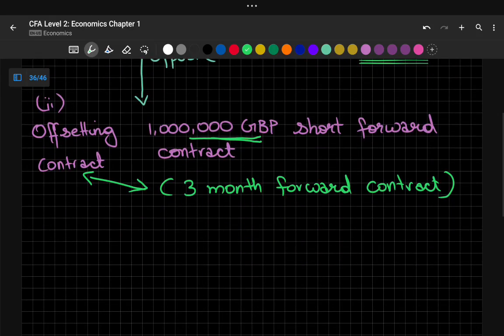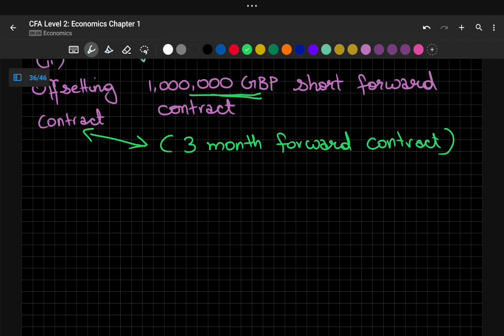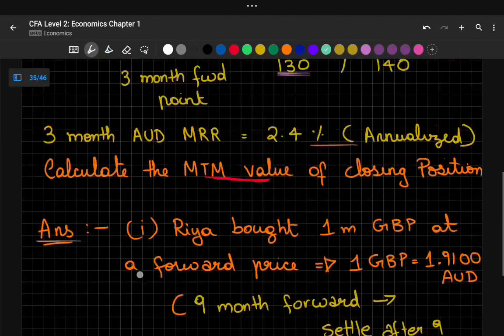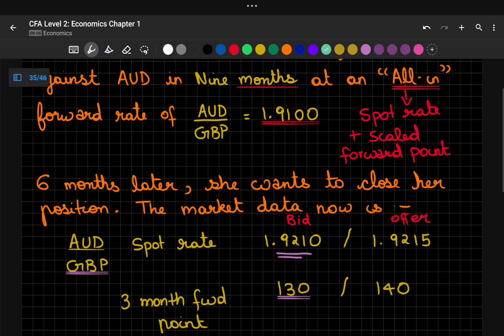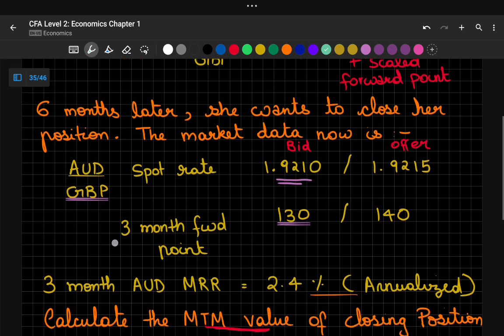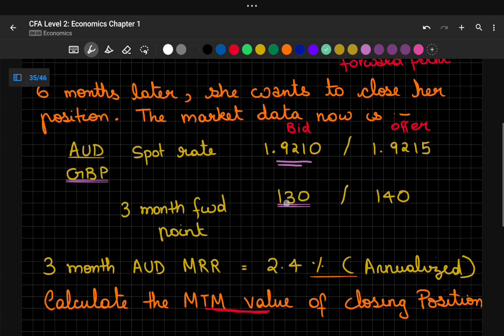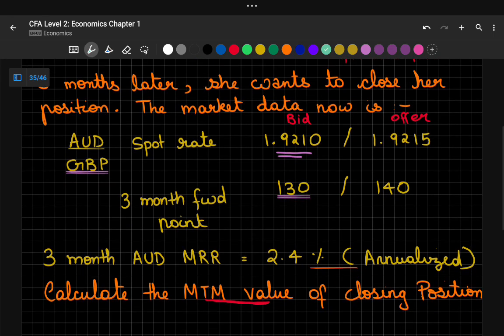So how can she sell 1 million GBP? At what price will she be able to sell 1 million GBP? For that, we'll have to go back to the question. Here they have mentioned that 6 months later, Ria wants to close her position. The market data now is given: the AUD to GBP spot rate, the 3-month forward rate, and the forward points.